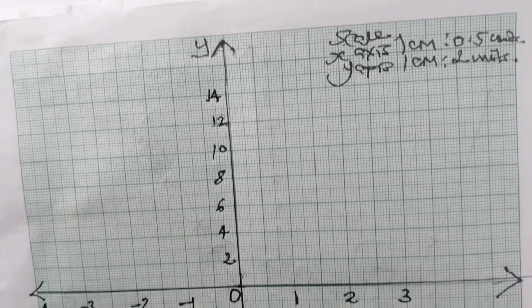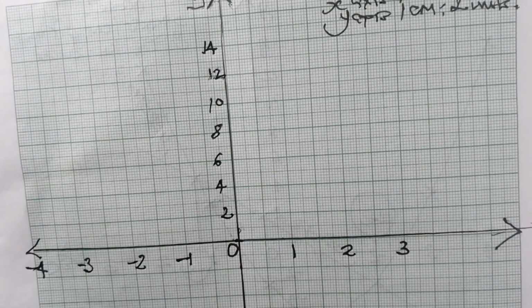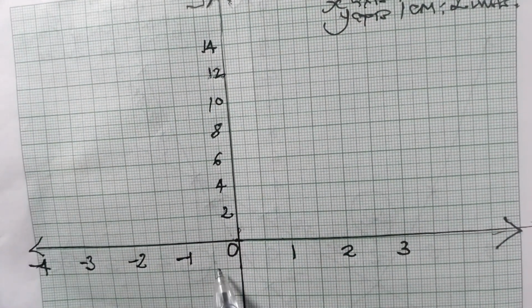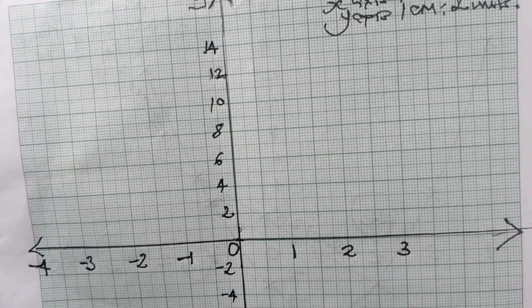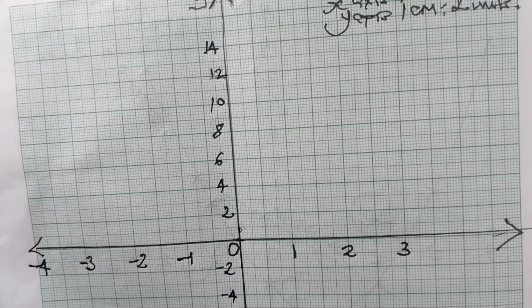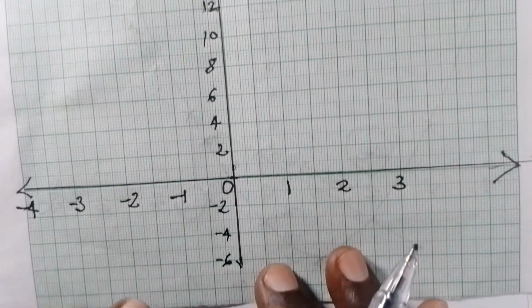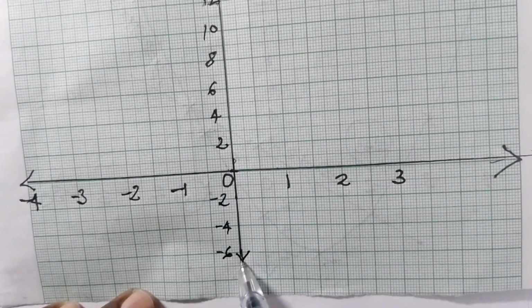On the negative side, I'll write -2, -4, -6, and put an arrow at the bottom here.